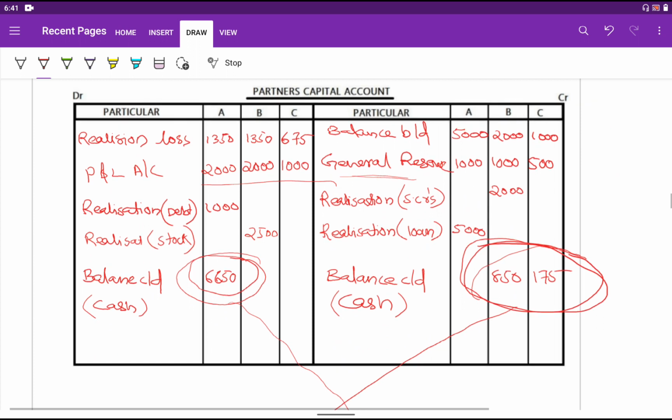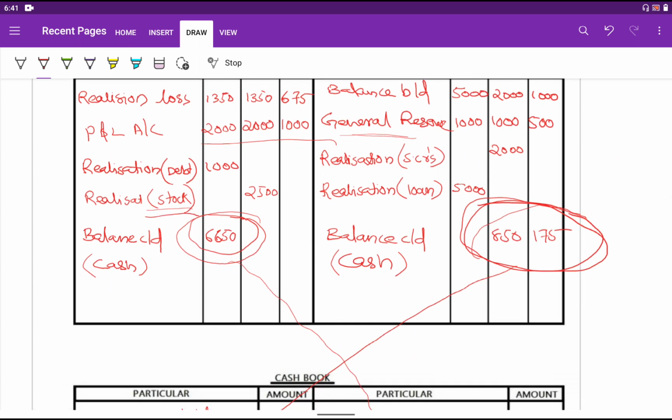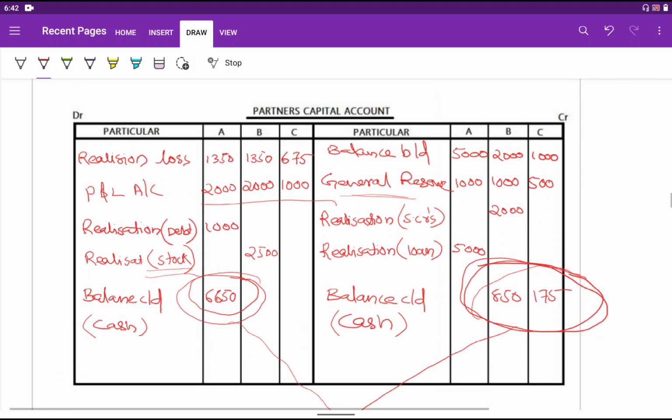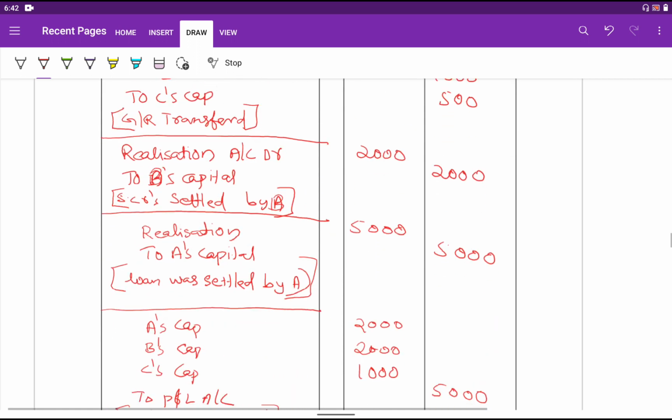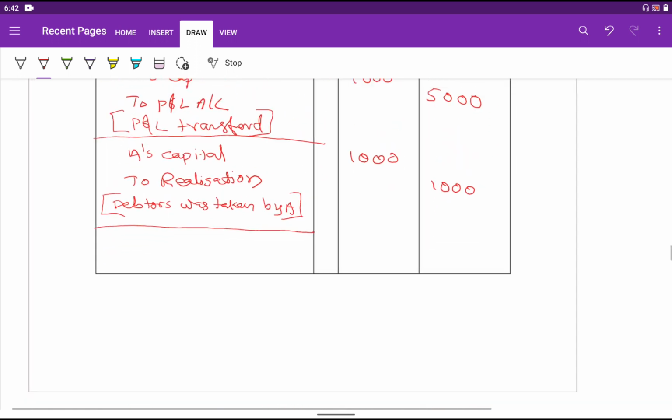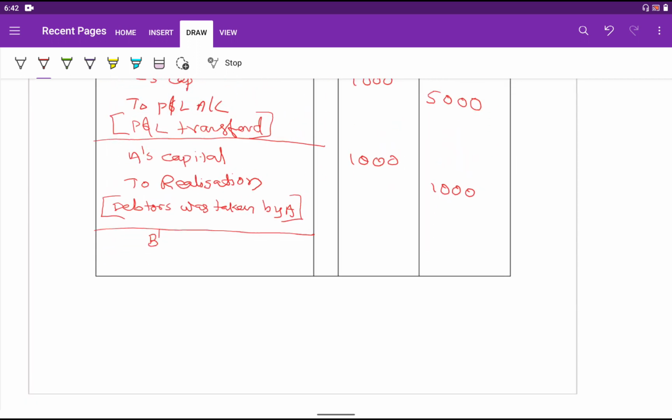So how we can write the journal entry? Realization is coming in debit side of ledger, so we will credit it. So B's capital account to realization. Stock was taken by B, so B's capital account to realization.